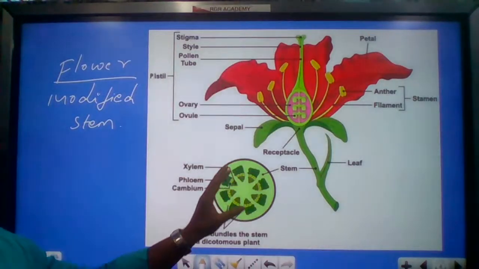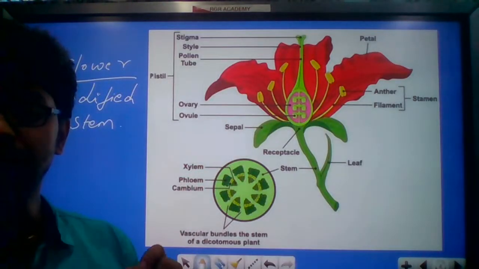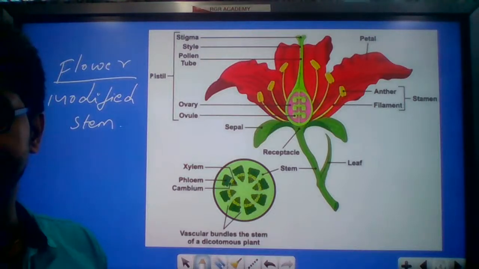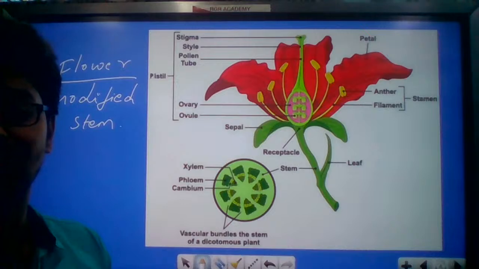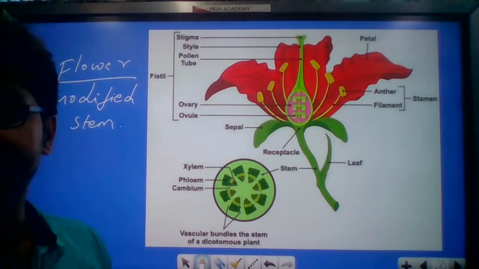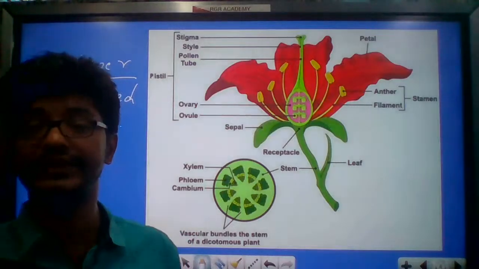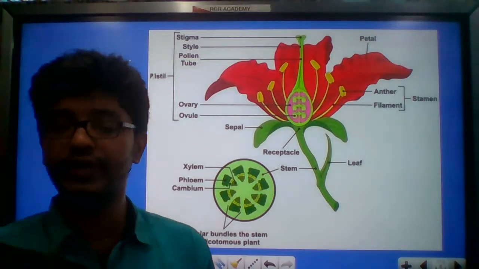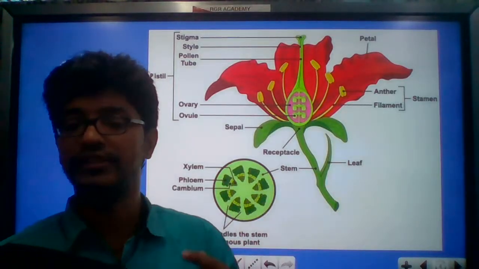So what are the parts of the flower? This we already discussed in the 11th standard part, the morphology of flowering plants, where we discussed the different parts like calyx, corolla, androecium, gynoecium. So you need to quickly recap what we discussed in the morphology of flowering plants.